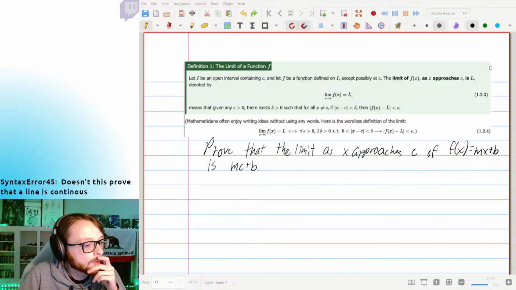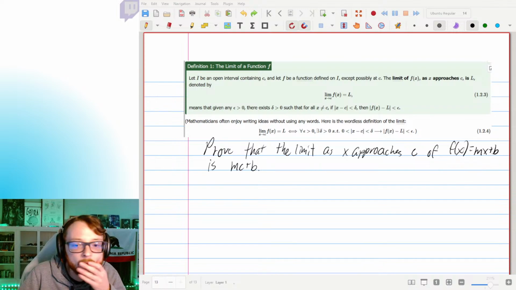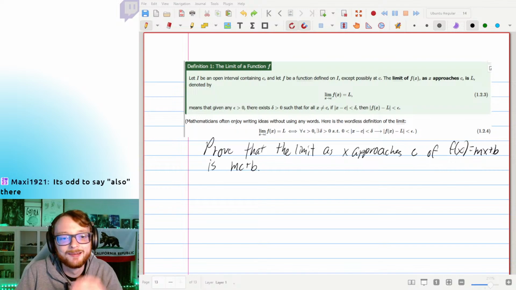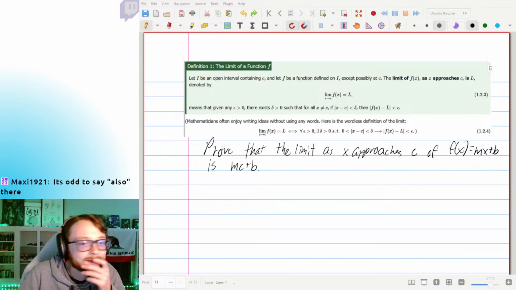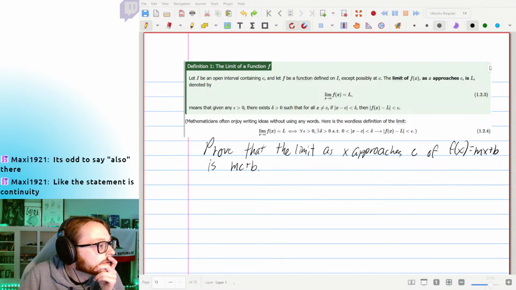But I remember doing problems like this. Also, I'm trying to work it out for myself, to be honest. I need to go earlier than that one. Ooh, hey, okay.